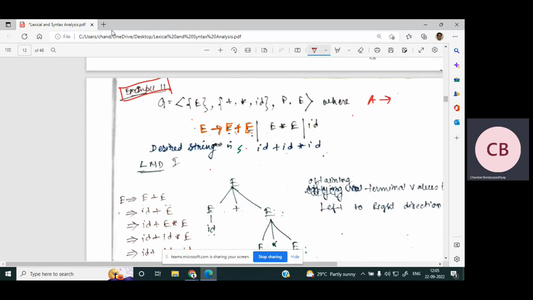I am writing A to A alpha and it is in beta. Here I am specifying that A belongs to Vn, that means it is a non-terminal, and alpha and beta belong to Vn union sigma.